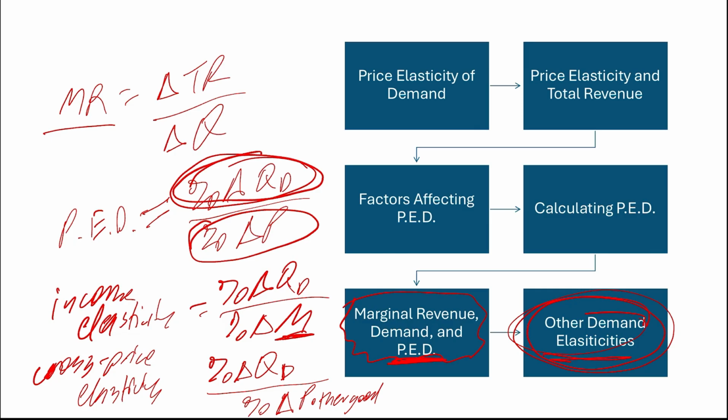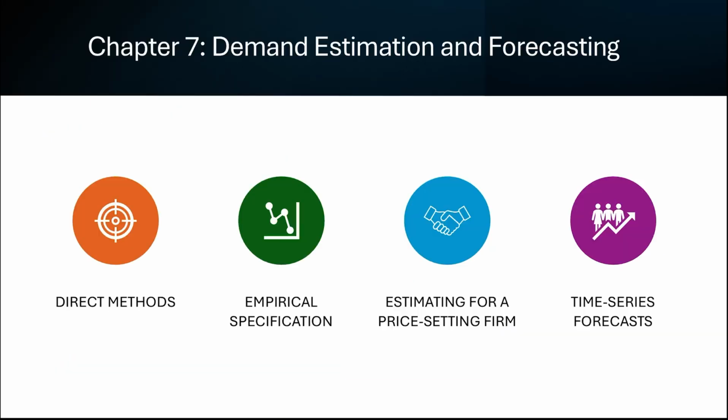So for example, how much do people change how much they buy of Pepsi when the price of Coke changes? Or how much do people change how much they buy popcorn when the price of Pepsi changes? Those things will be different depending on whether the goods are substitutes or more complements.